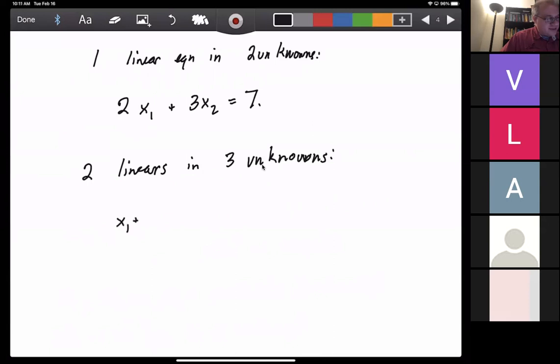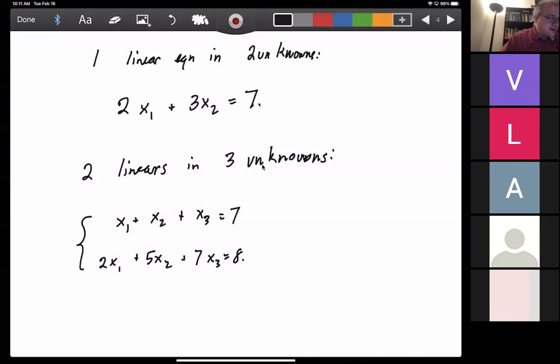So x1 plus x2 plus x3 equals 7, and 2x1 plus 5x2 plus 7x3 is equal to 8. So two equations, and x1, x2, x3 are the three unknowns. Notice that both of the equations are linear in the unknowns.